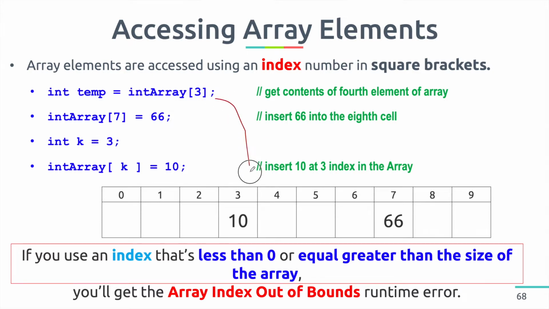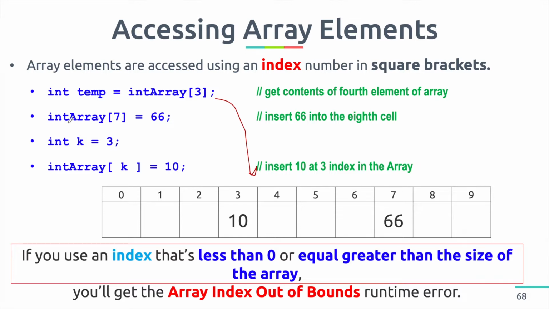Let's assume that this is what has been filled before. So what will be stored in the temp variable will be 10. If the int array was empty ahead of this statement, then what we'll find in array at index 3 will be 0.